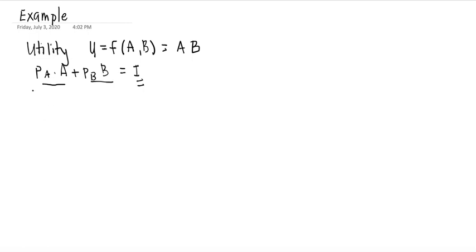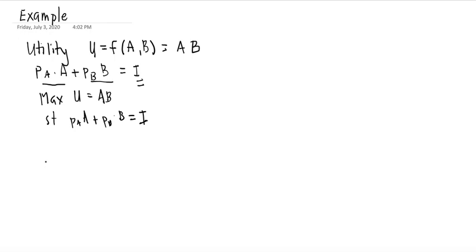So what we're trying to do here now is just maximize our consumer's utility, equal to A times B, subject to the constraint that the money spent on good A and the money spent on good B has to be less than or equal to the income.